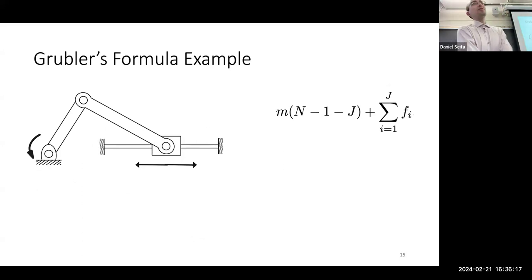So how many degrees of freedom here? I'll give you a couple seconds to think about it.